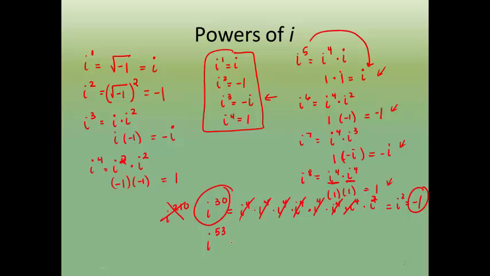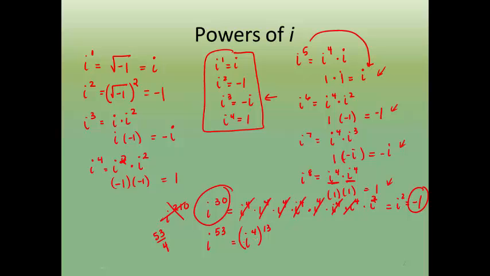Well, 48 would be 12 perfect ones, so that means 52. You're just taking 53 and dividing it by 4. Let's not make it complicated. How many times does it go in perfectly? The answer is 13 times.